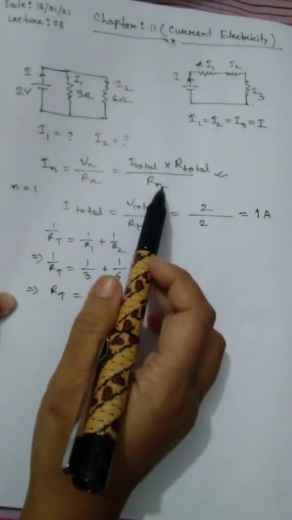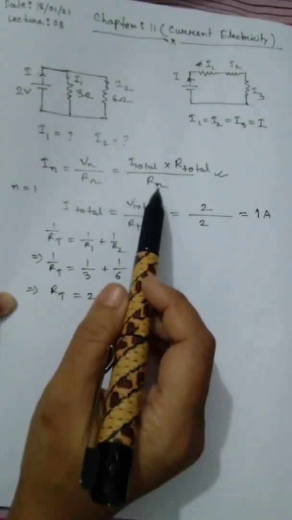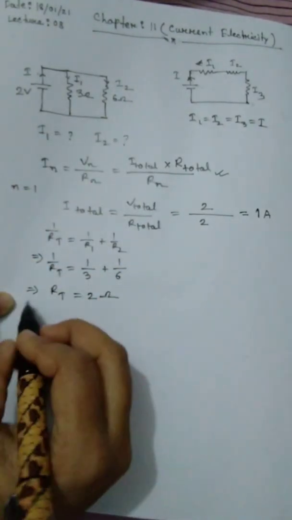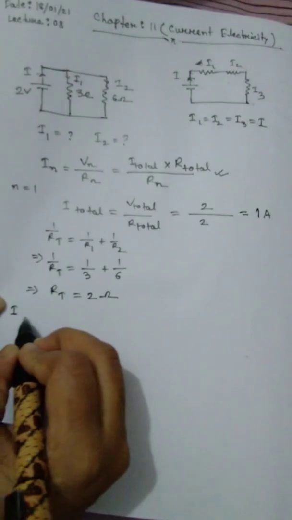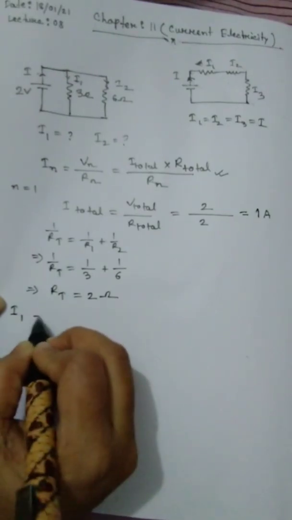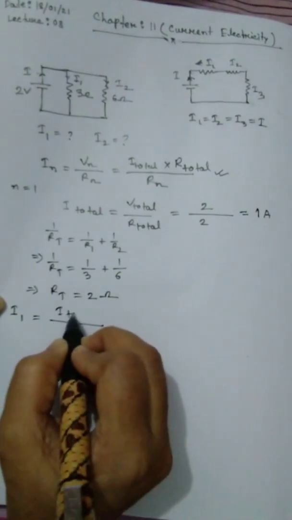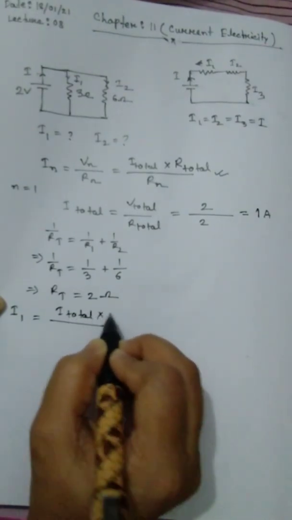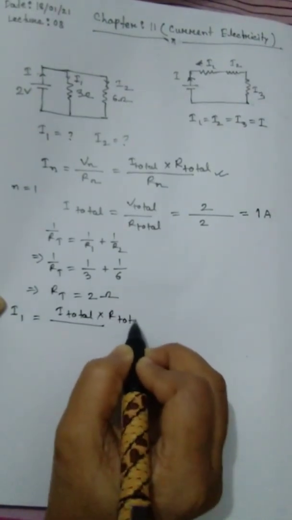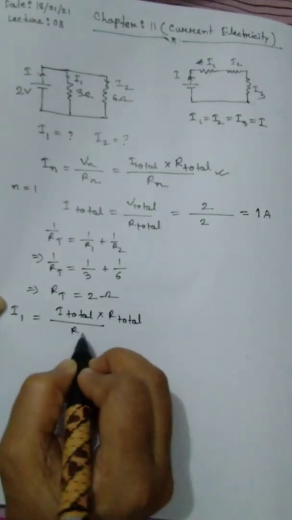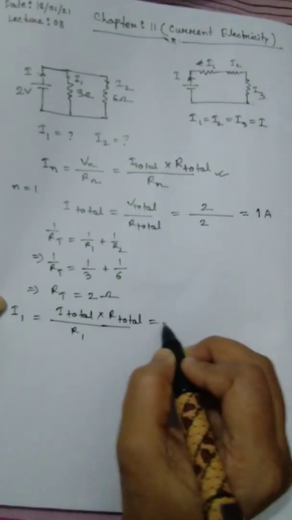Okay, we have got I total, and we have got R total, 2 ohm. As we are determining the current for the first branch, n equals 1. Then for the first branch, I1 equals I total times R total divided by R1. I am writing the equation again for your convenience.